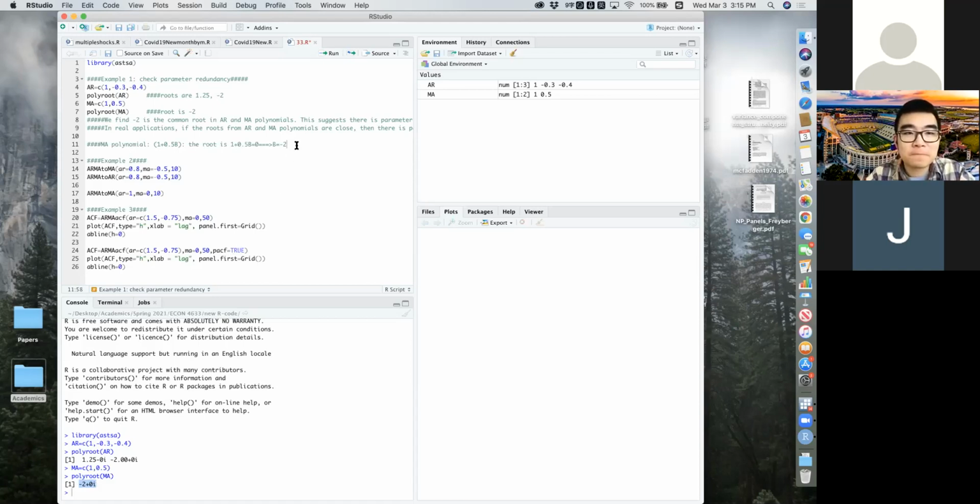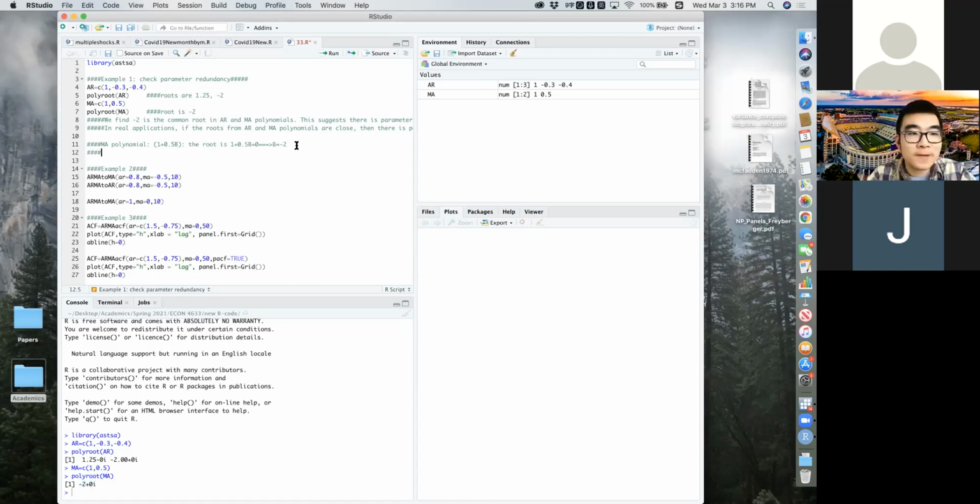Now the AR polynomial. Let me write it this way: 1 minus 0.3B minus 0.4B squared.